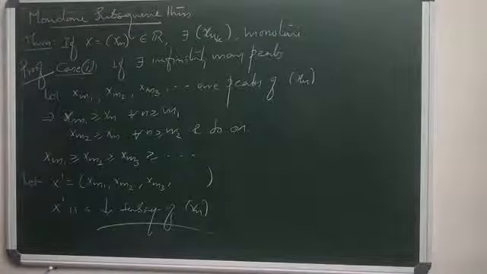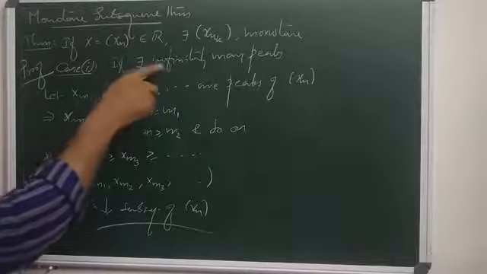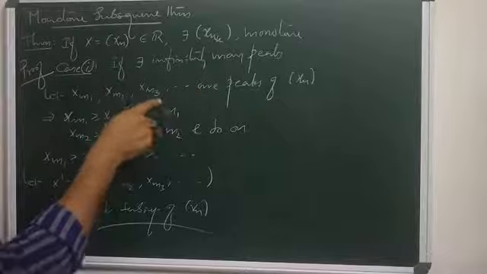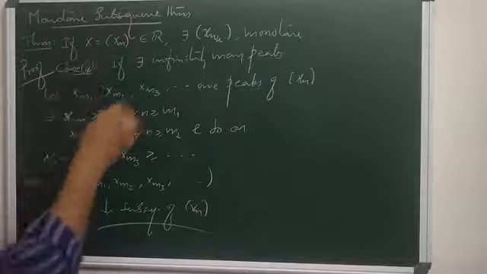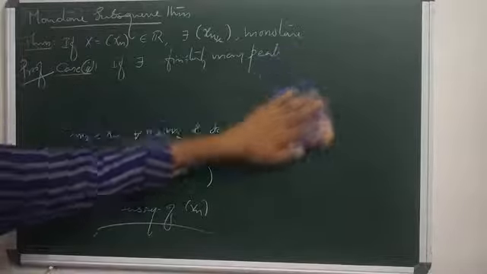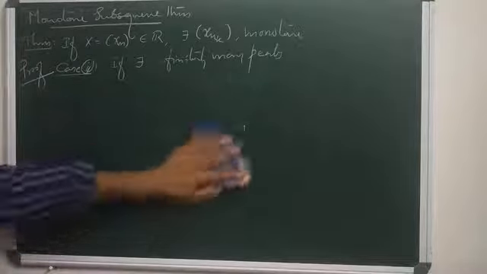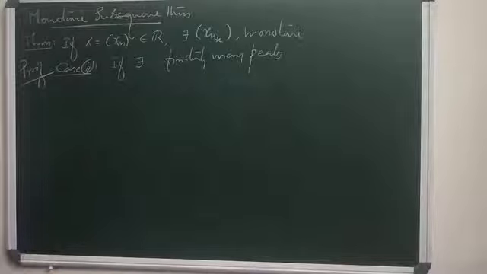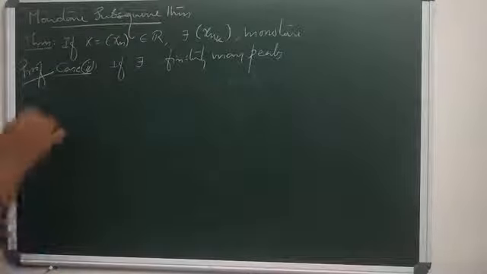Second case. The first case was when it has infinitely many peaks. The second case is, if there exist only finitely many peaks, what happens? Suppose the sequence xn has finitely many peaks.